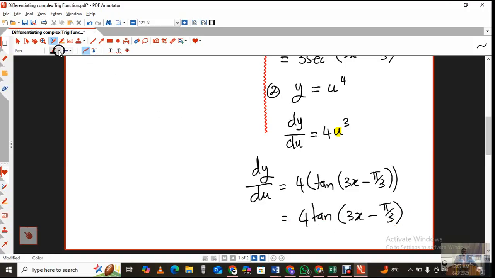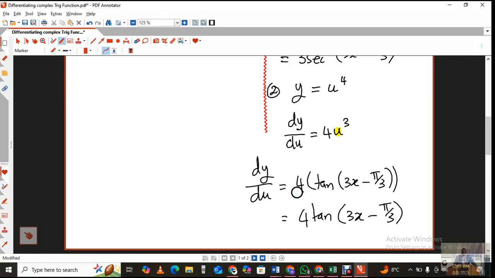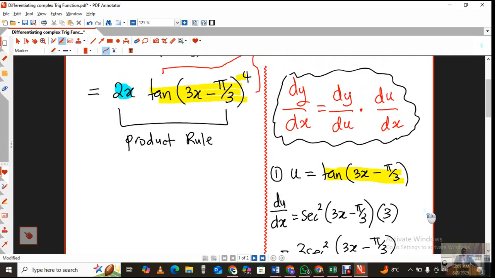So what do we have? Well, we have a number of things here that we can consider. We have dy/du, which is from our chain rule.